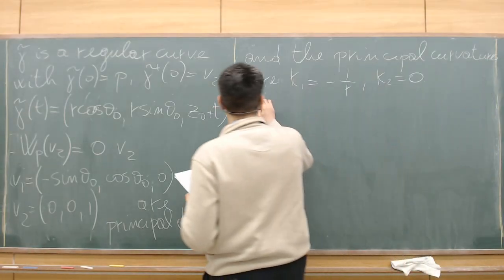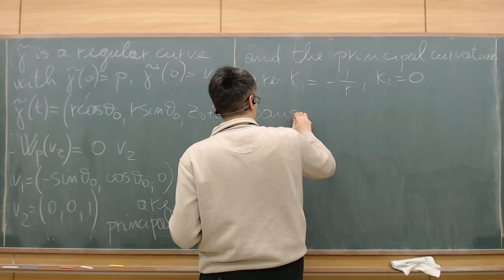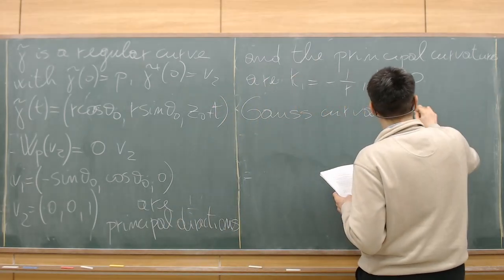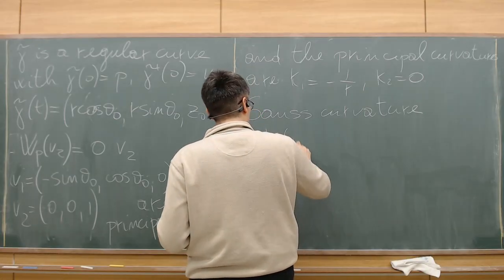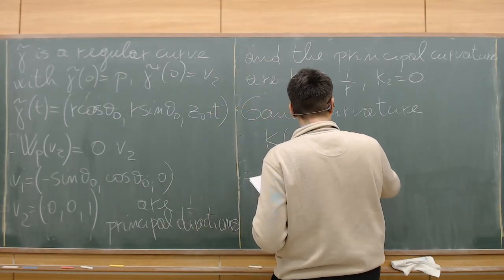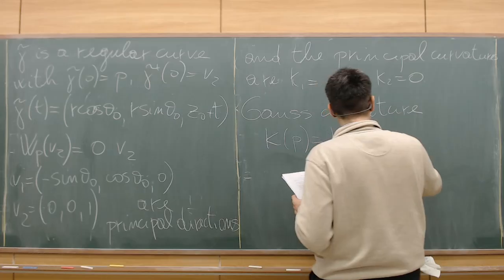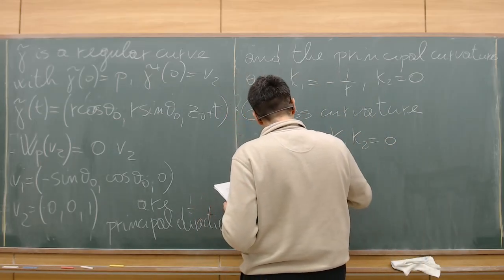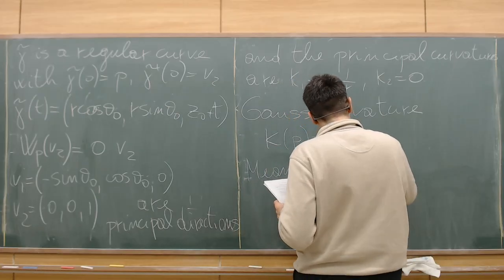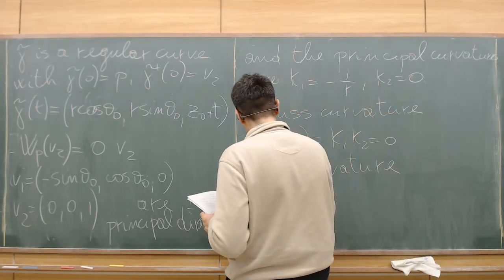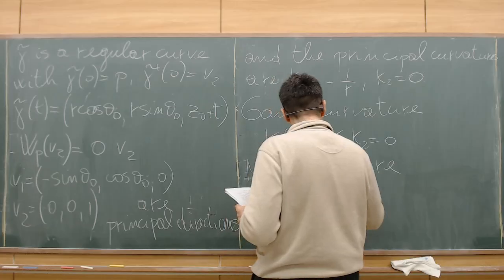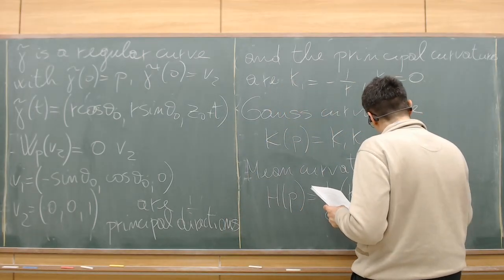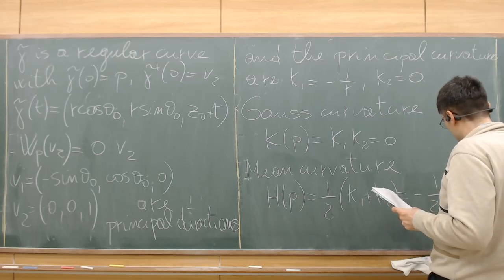Consequently, the Gauss curvature at p is given by k1 times k2 equal to 0, and the mean curvature H at p is given by 1/2 (k1 plus k2), which is minus 1 over 2r.